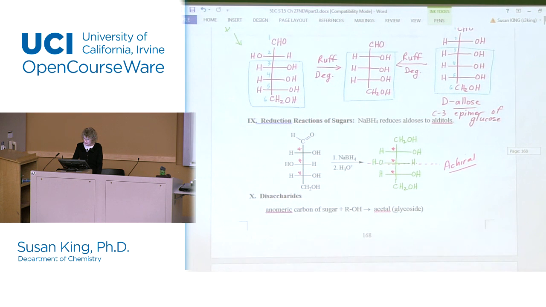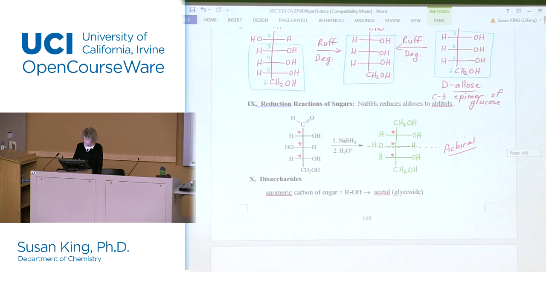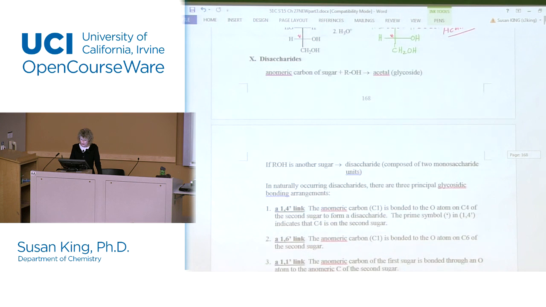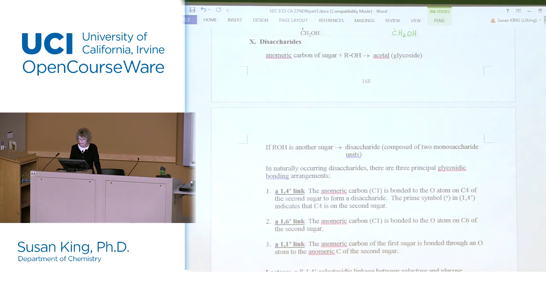Let's talk a little bit about disaccharides. We've already mentioned that if you take the anomeric carbon of a sugar plus an alcohol, you have an acetal, which is a glycoside, right? If the alcohol is another sugar, you have a disaccharide, which is composed of 2 monosaccharide units.